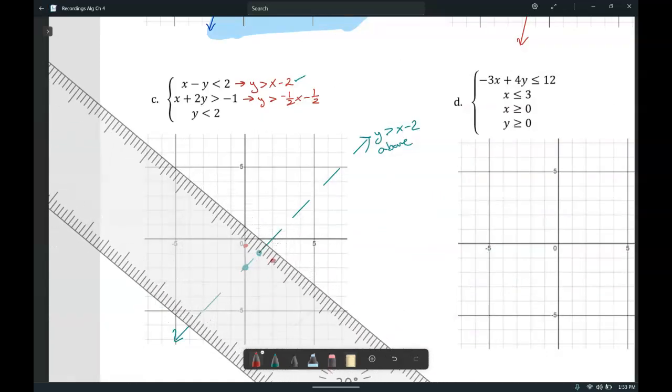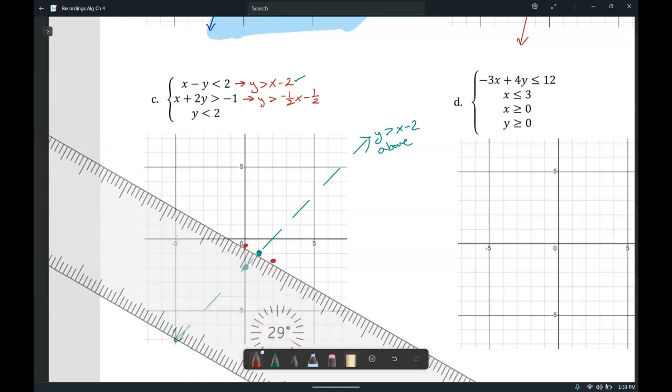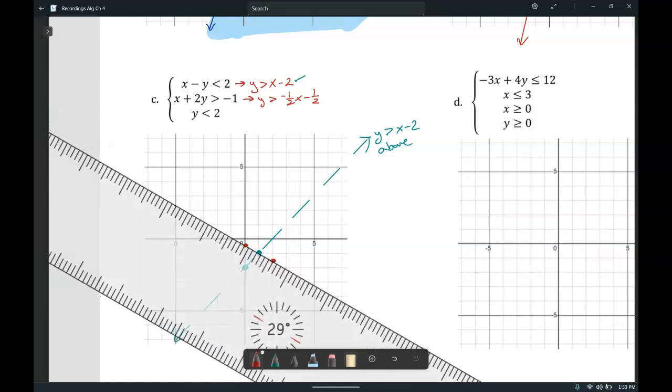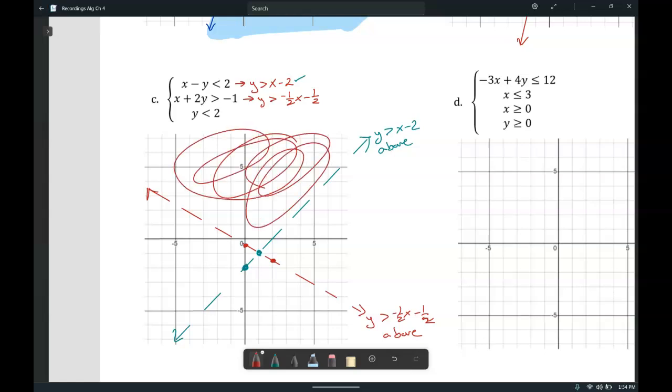And again, it is a dotted line. Y is greater than negative 1/2 x minus 1/2. And again, we're going to shade above. So far we're looking at this area up here somewhere for being shaded.